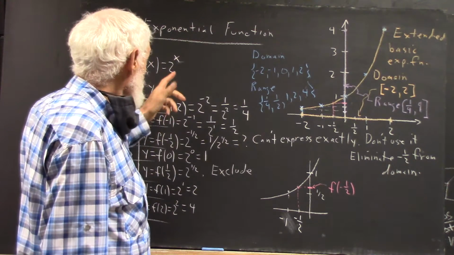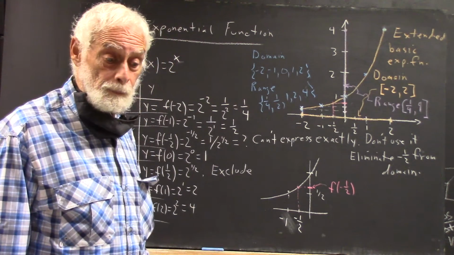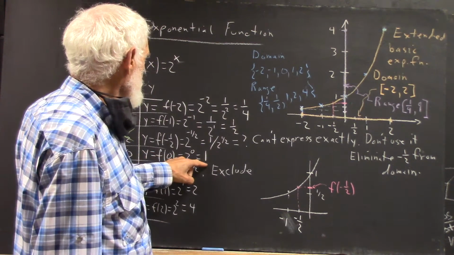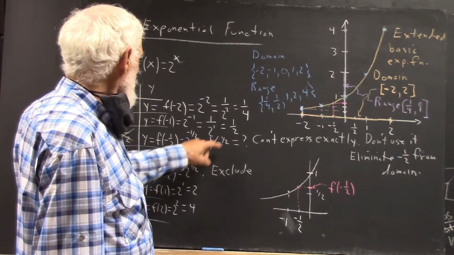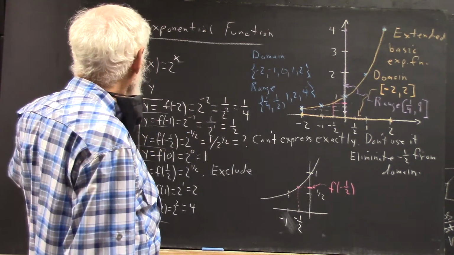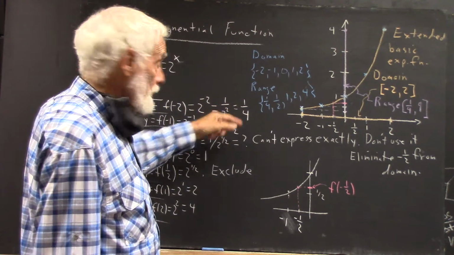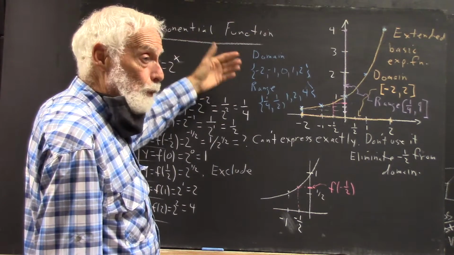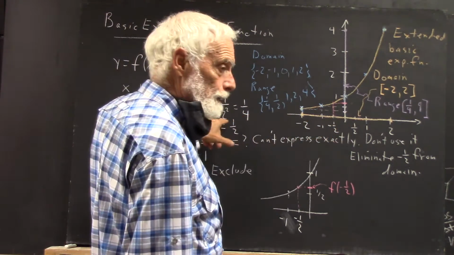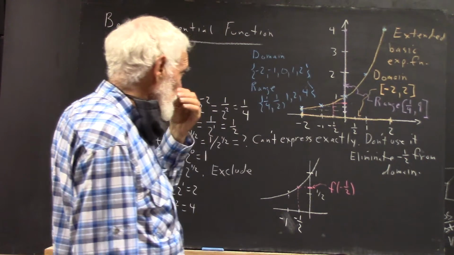So if x is a negative number, well, we see that if x is 0, we get 1. If x is -1, 1 unit in the negative direction, we get a half. At -2, it's a fourth. If x was -3, it would be 1/8, half of a fourth. Every time we move 1 unit to the left, the value of the function becomes half as great.